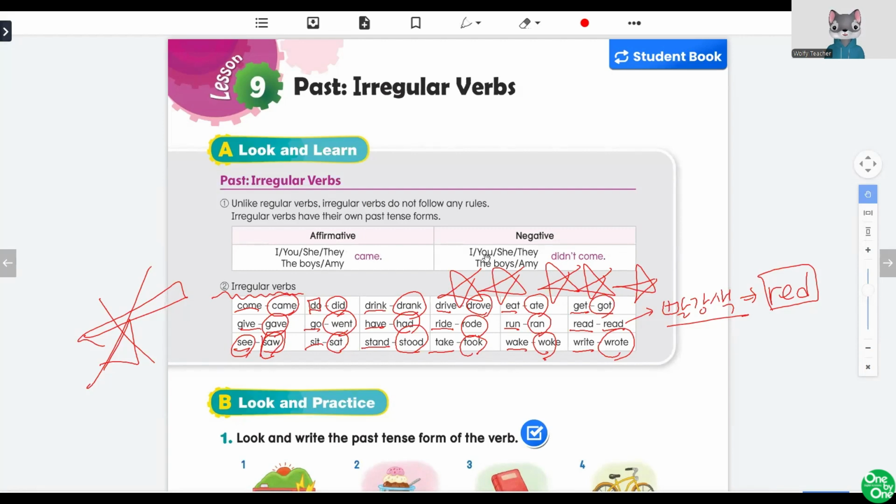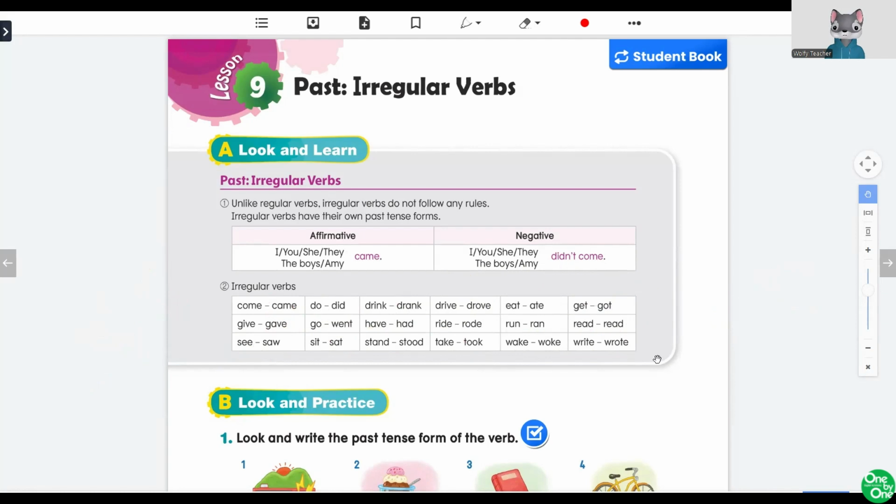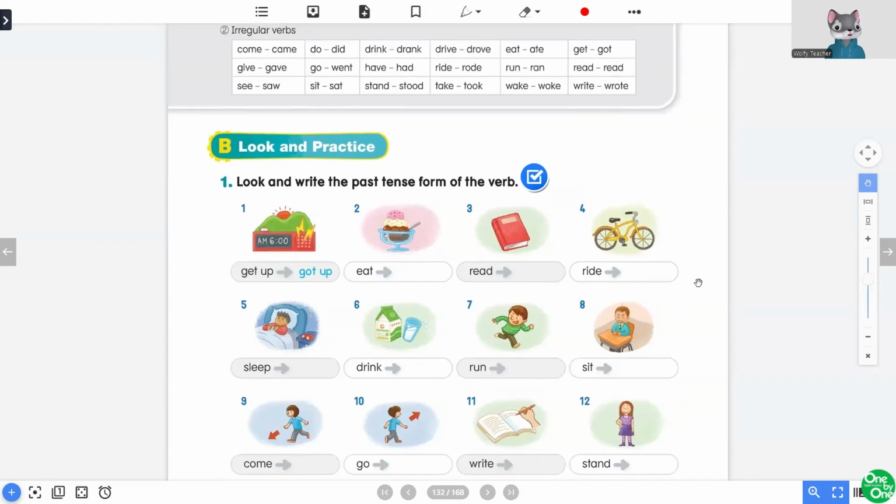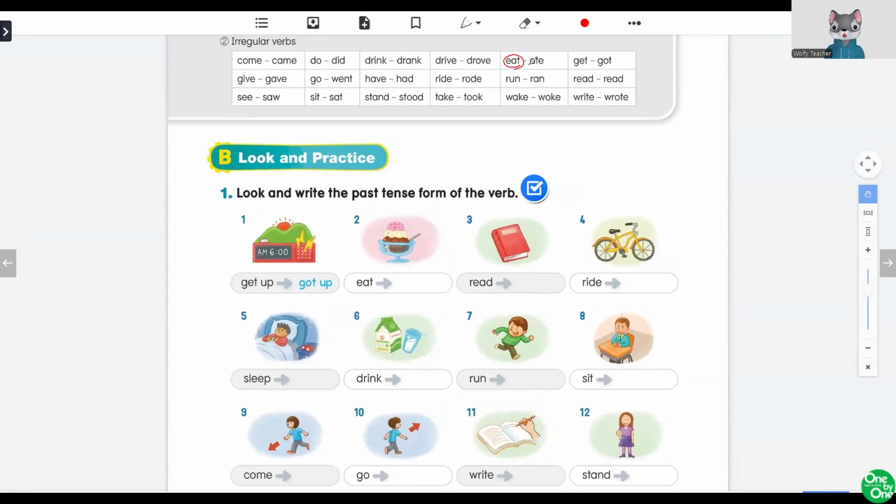Let's go over to the bottom and practice this together. How do we put this into the past tense? Eat, as you see over here. Ate. Fantastic. So it has to be ate over here.